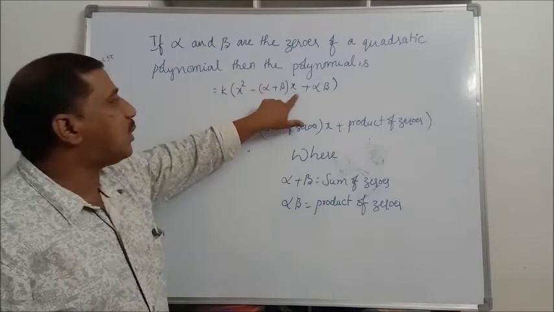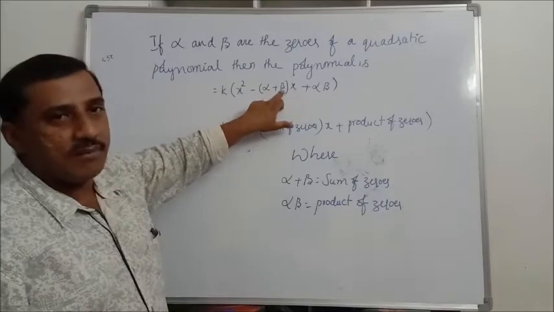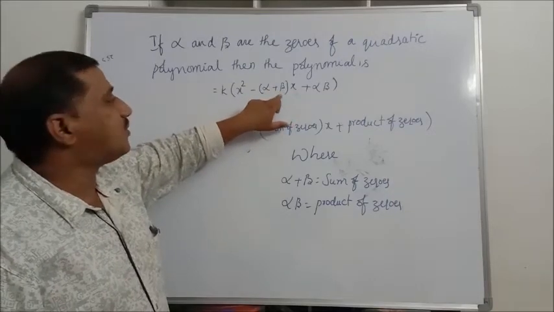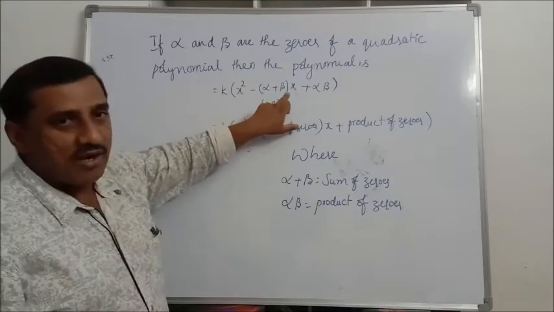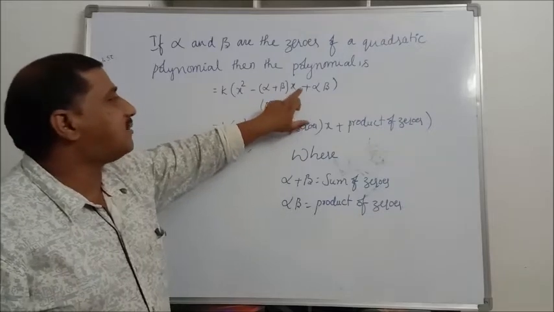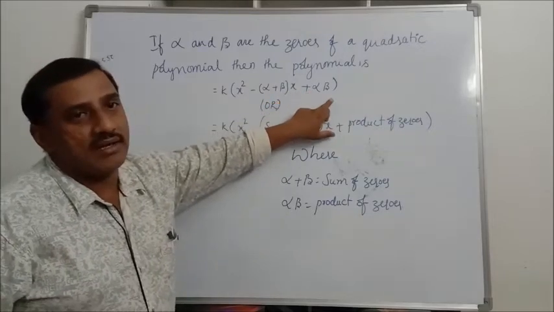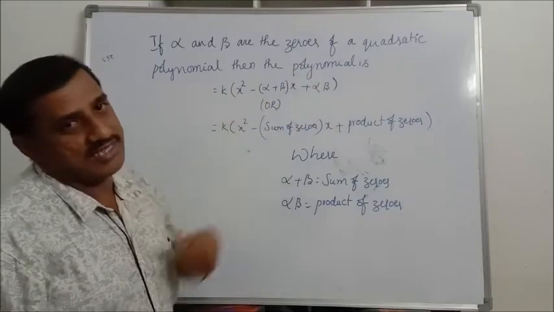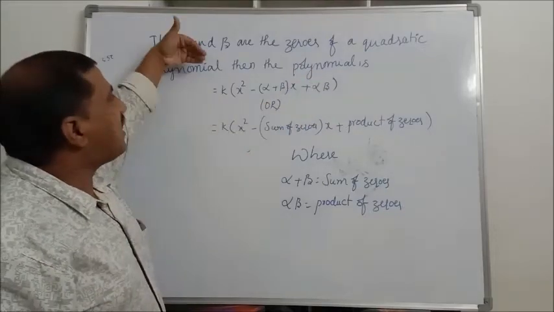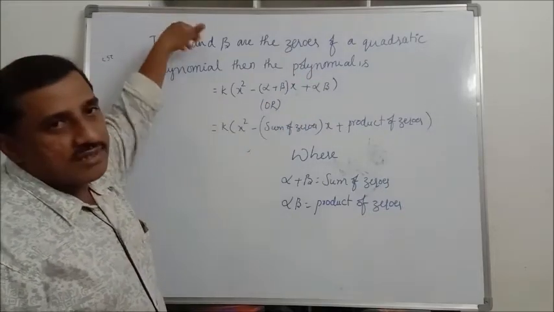Alpha plus beta is the sum of the two zeros of the given polynomial, and alpha into beta is the product of the zeros. That is, we can find the quadratic polynomial when we know the two zeros.